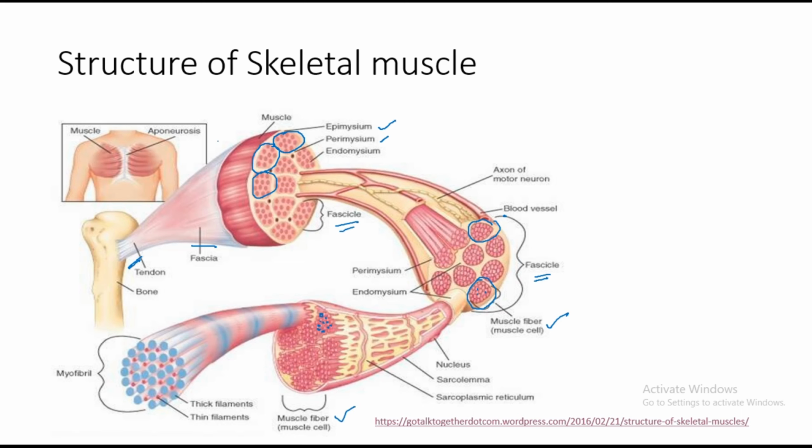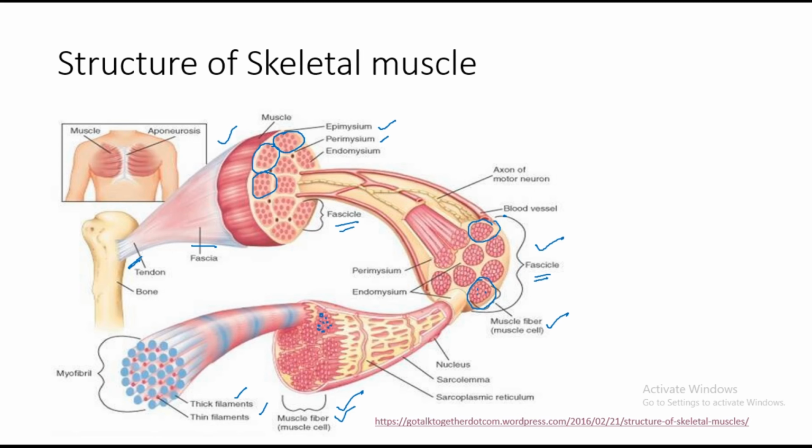We have the muscle belly, muscle fascicle, and muscle fiber, and inside the muscle fiber we have the myofibrils. These are the functional units of the muscle. Thick and thin filaments are inside the myofibril. One myofibril means one single thread of the muscle fiber, which is responsible for contraction.